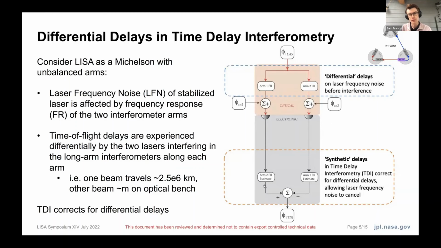And then in post-processing down the bottom, we're introducing synthetic delays: in the measurement of arm 1, we're applying an estimate of the arm 2 frequency response, and in the measurement of arm 2, we're applying an estimate of the arm 1 frequency response. By applying those two estimates and forming the difference, we end up with our TDI output, and this is removing the effect of those differential delays and canceling the laser frequency noise.